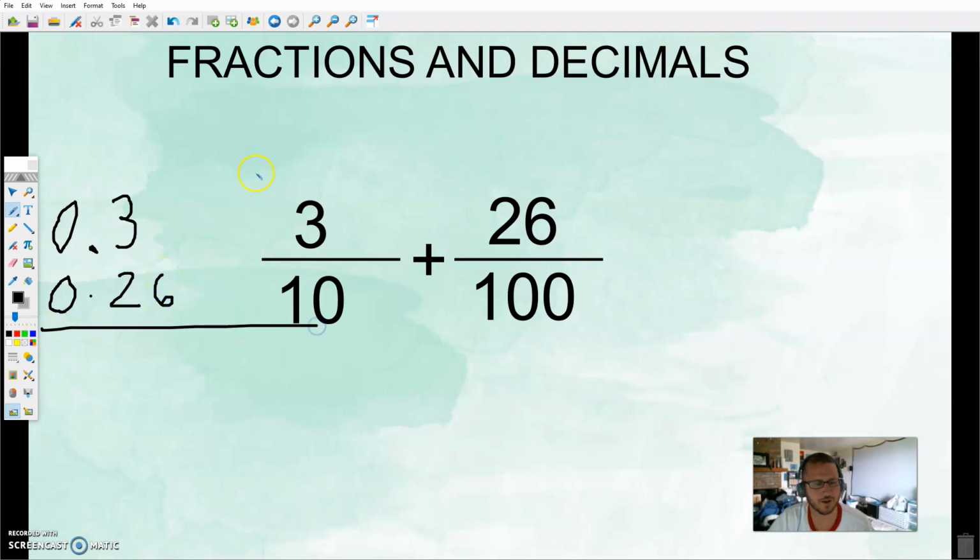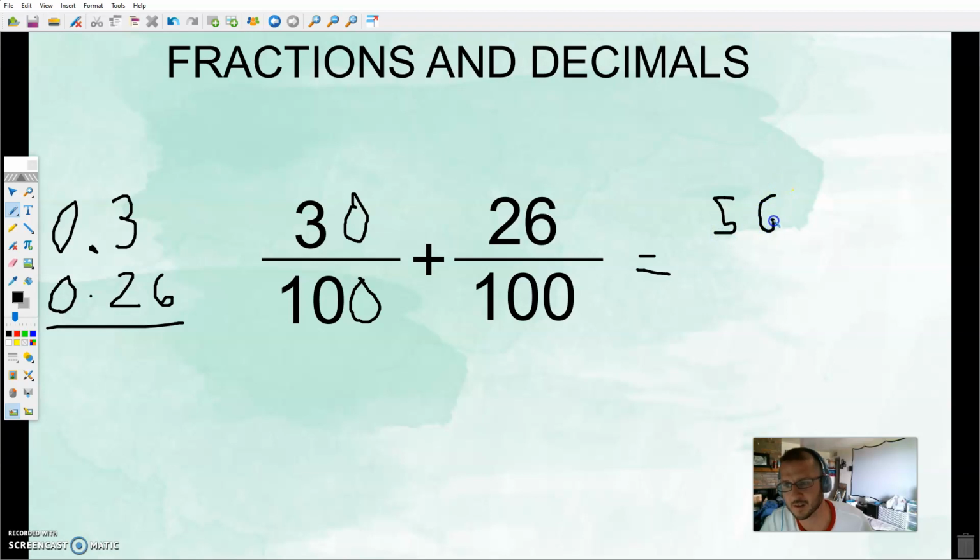Okay, so if I take the 3/10 and 26 hundredths, remember as a fraction, I can't add those unless my denominator is the same. So 10 times 10 is 100. 3 times 10 would be 30. I can now add 30 hundredths and 26 hundredths, which is going to give me 56 hundredths.